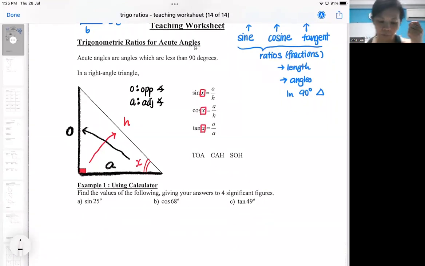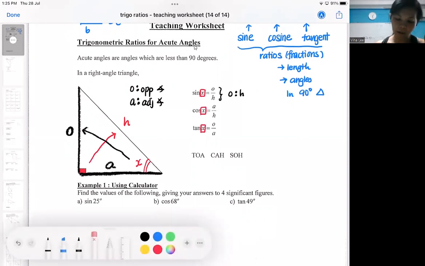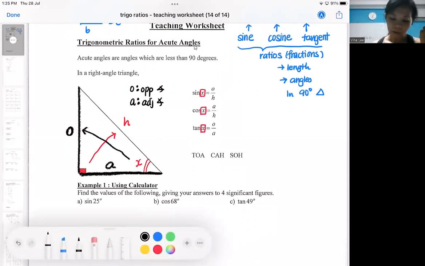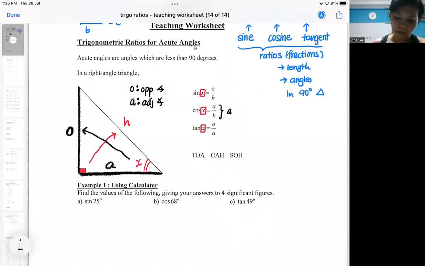So the sine ratio will be O:H, the ratio of opposite over hypotenuse. But again, the O:H, we express it as a fraction. Then A/H is for cosine. Again, the ratio, we're going to express it as a fraction.